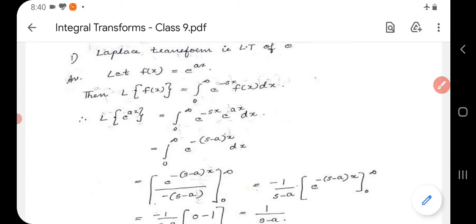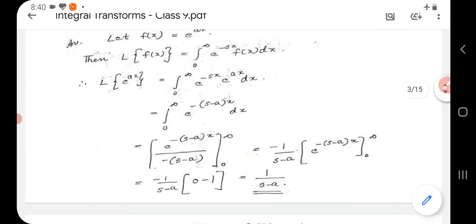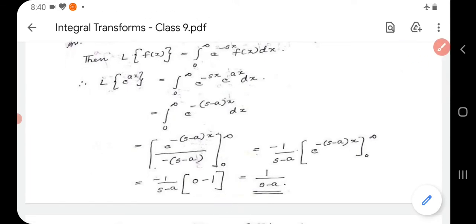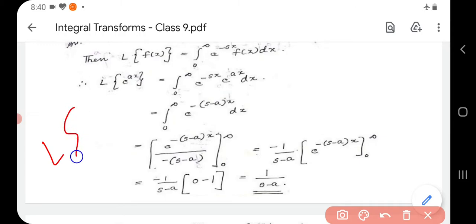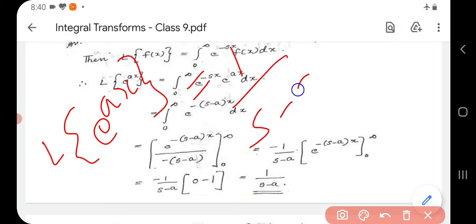Then perform the integration and apply the limit. I am not explaining integration because that's a very simple one that you can easily follow. So the answer is this formula: Laplace transform of e raised to ax equal to 1 by s minus a. If you are given a question of the form Laplace transform of e raised to ax, then its Laplace transform is 1 by s minus a.